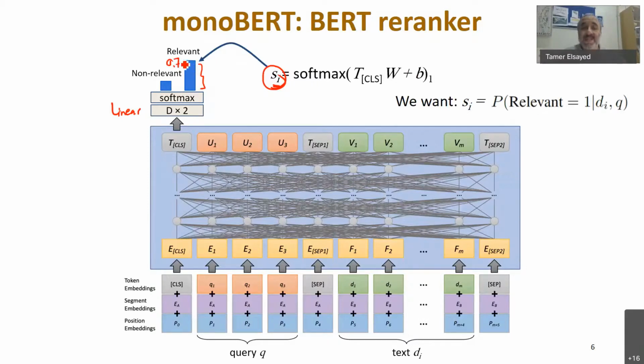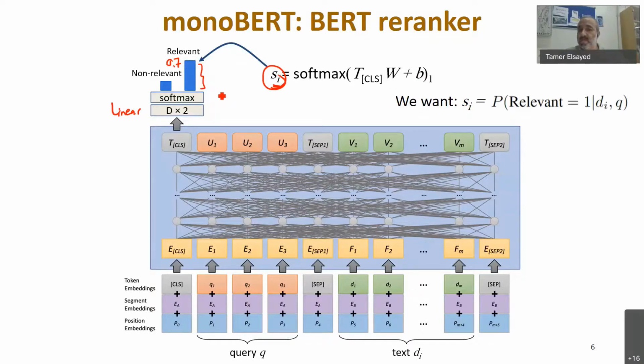Now this is the relevance score. This is the score of the document. If another document got a score of 0.5, then this is less than 0.7. So that's now the score of the document, and based on these scores, we will rank all the documents.